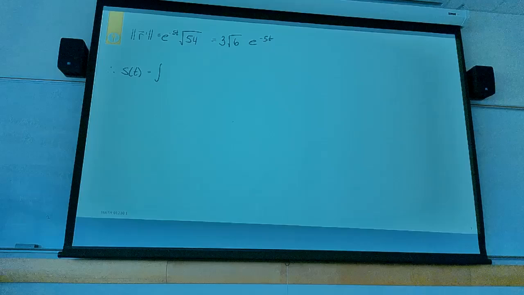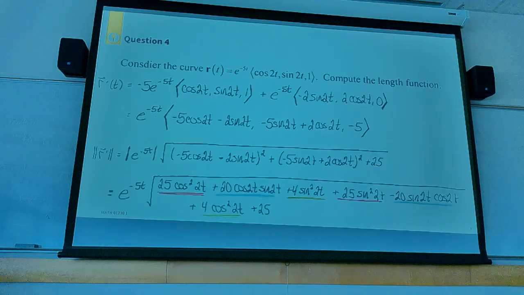So how do I want to do this? I'll do it this way. I'm going to integrate from a to t, because they didn't tell us a starting point for the curve, right?